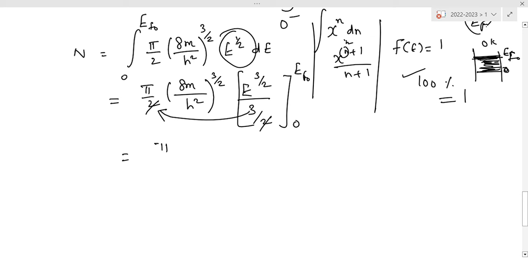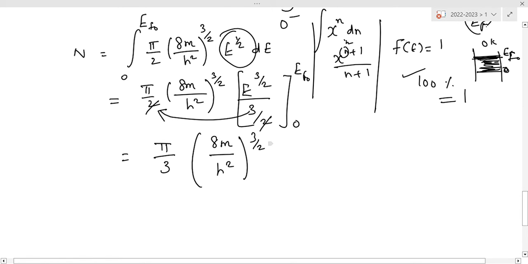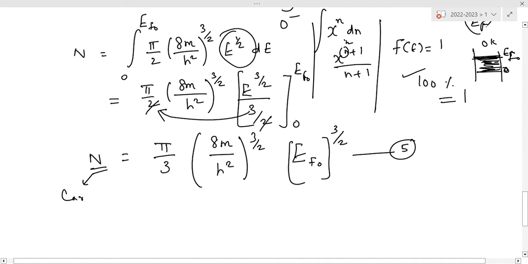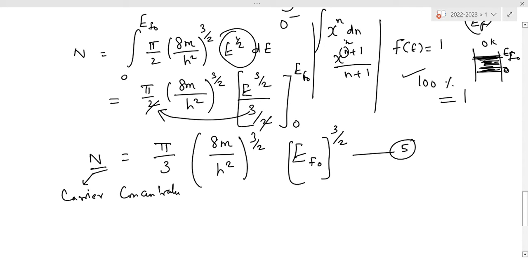So I get N is equal to pi by 3, 8m by h square the whole power 3 by 2, applying the limit, EF naught power 3 by 2. So here this is the formula to find the number of electrons present in the metal per unit volume. This can also be called the carrier concentration, the concentration of charge carriers.